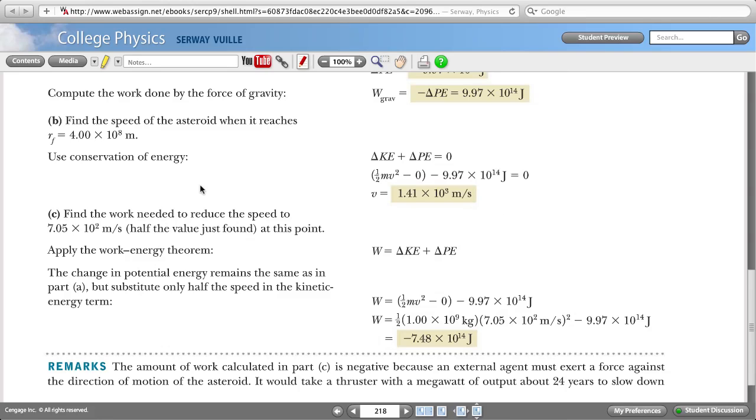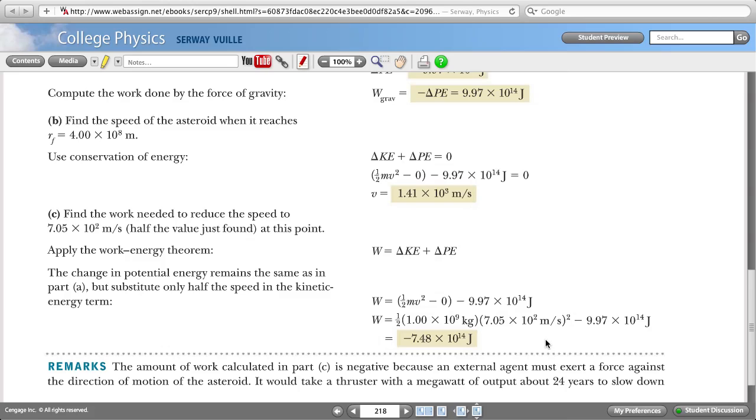Find the work needed to reduce the speed to half the kinetic energy at this point. Well, they just set it up in an equation where work is included as well now, and you're going to have a delta KE and a delta PE, except you're going to have half of the speed change, right? So we're going from 0 to 1/2 mv squared, where v is going to be half of what it was. 7.05 times 10 to the 2 instead of 1.41 times 10 to the 3.